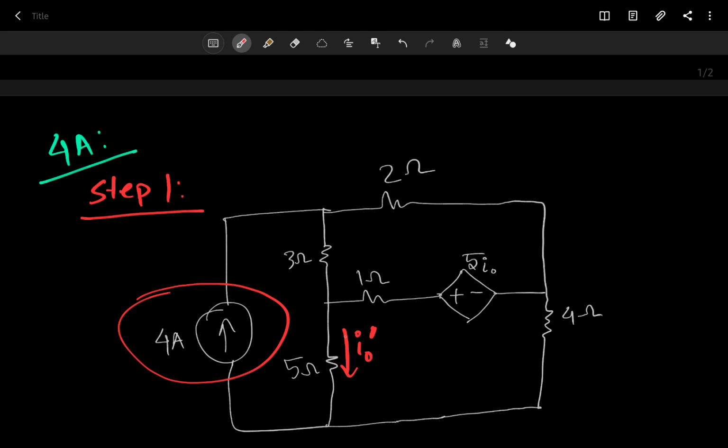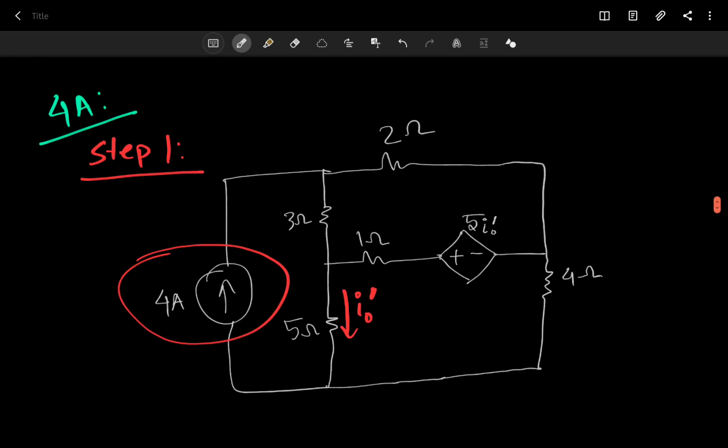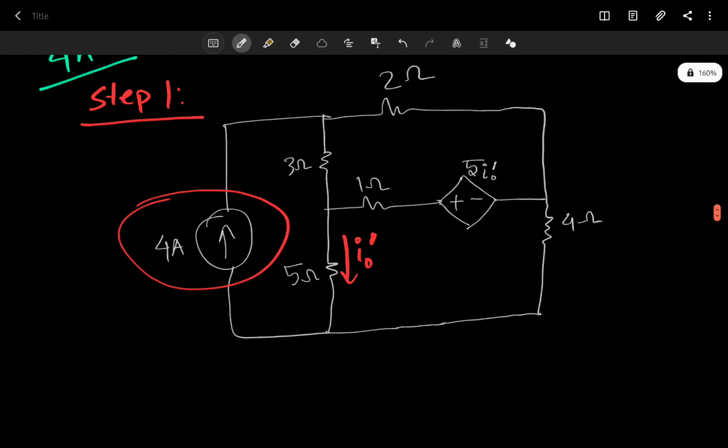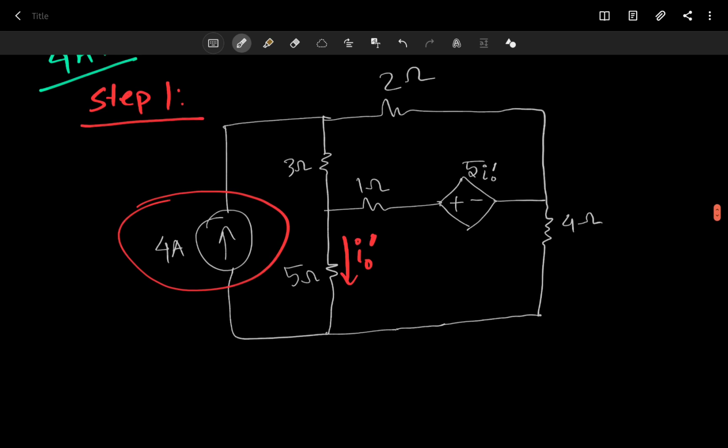The current going through this 5 ohm resistor will be I naught prime, and so this thing will also be just I naught prime, because the current is I naught prime here. Everything here is just single prime. We have killed the other sources and kept the 4 ampere one alive.